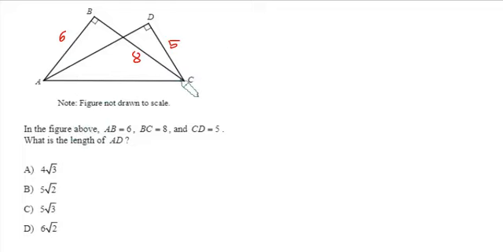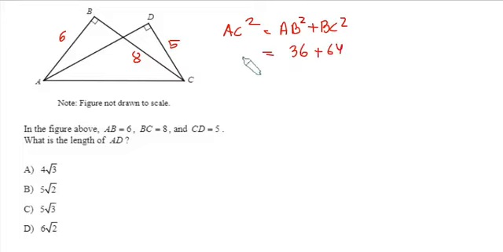Using the Pythagoras theorem in triangle ABC, AC squared is equal to AB squared plus BC squared. AB squared is 6 squared, that is 36, and 8 squared is 64, which is our AC squared. So AC is the root of 100, which is equal to 10.